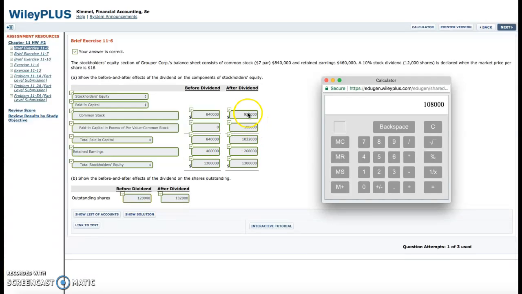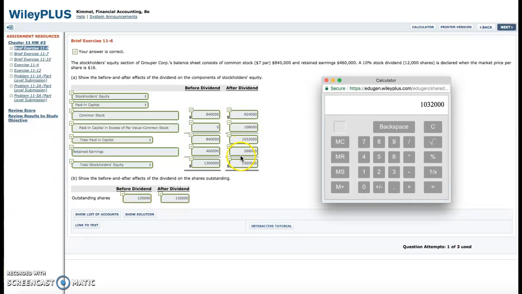The next item, when you add these together, add that to 924,000, you're going to get the number 1,032,000, which is the total paid in capital.